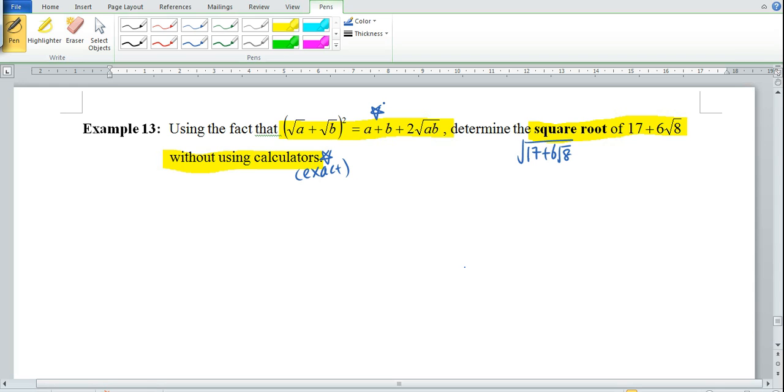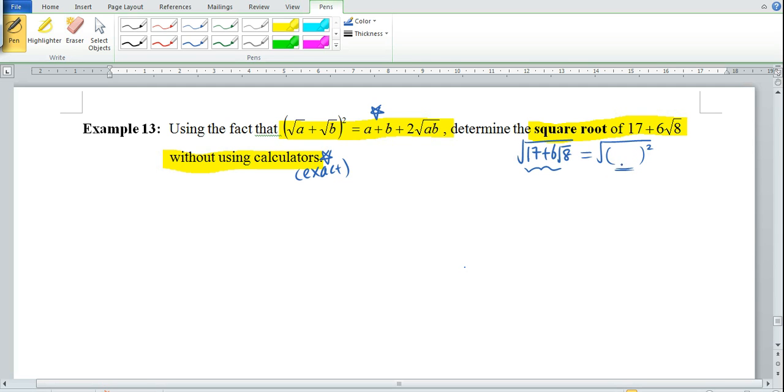Now if you were to evaluate this whole thing without a calculator, the idea here, combined with the clue that they give, is that if we are able to make 17 plus 6 square root 8 into a perfect square, then we'll be able to square root the square term and get the result of the square root. But how can we express 17 plus 6 square root 8 into a perfect square?